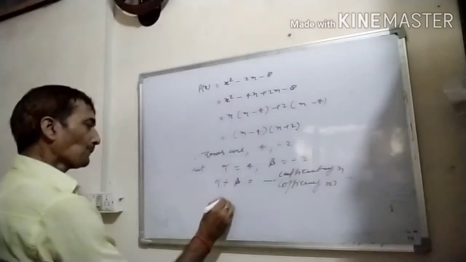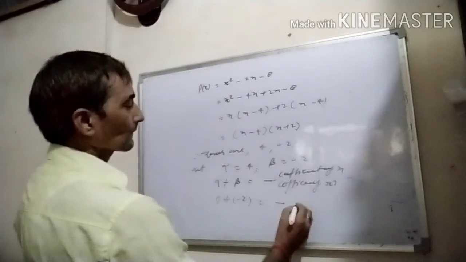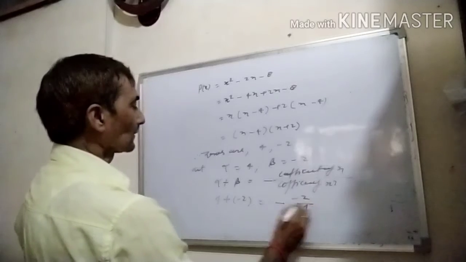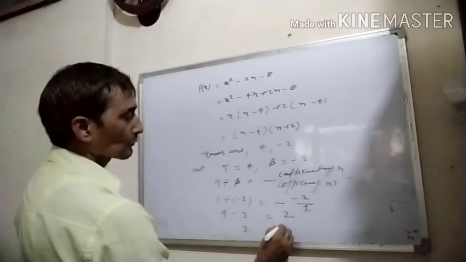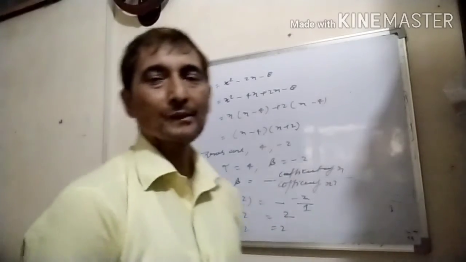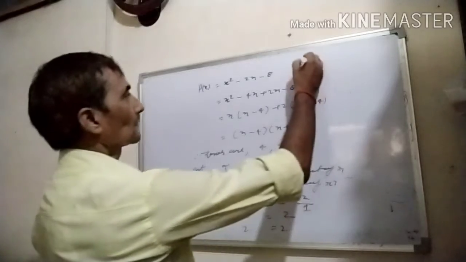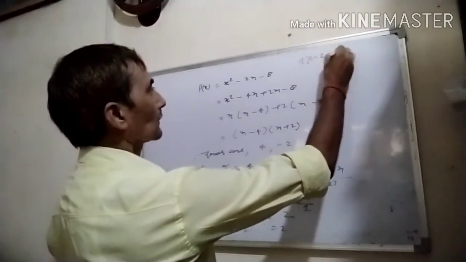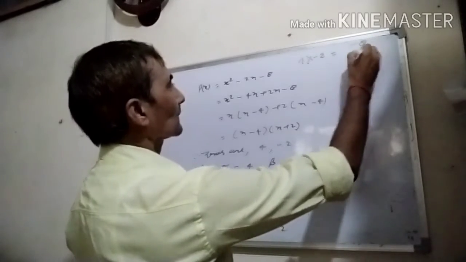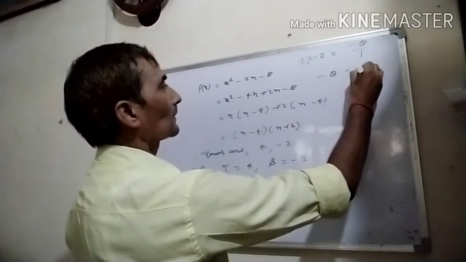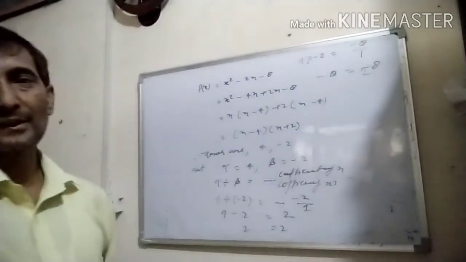Now 4 plus minus 2 is equal to minus coefficient of x, which is minus of minus 2 by 1. 4 minus 2 is equal to 2. Now 2 is equal to 2. Your relation is verified. Second, 4 into minus 2 is equal to constant by coefficient of x square, that is minus 8 by 1, minus 8 equals minus 8. The second relation is also verified.